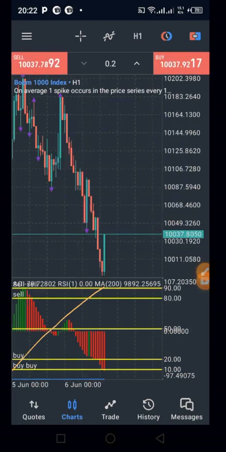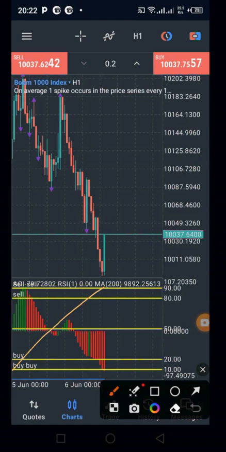H1. Now, the good part with the new update, you have upgraded this app, you are also able to see the time frame on top. When you check here, there's H1. It simply means the time frame we are looking at this market is H1.